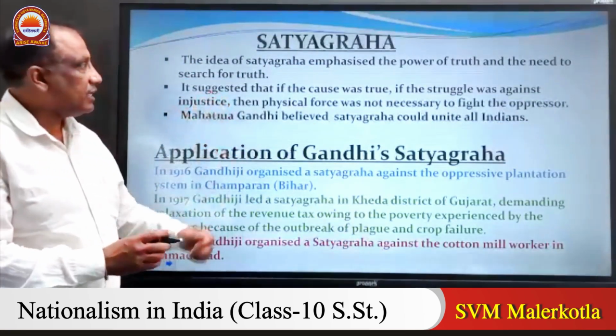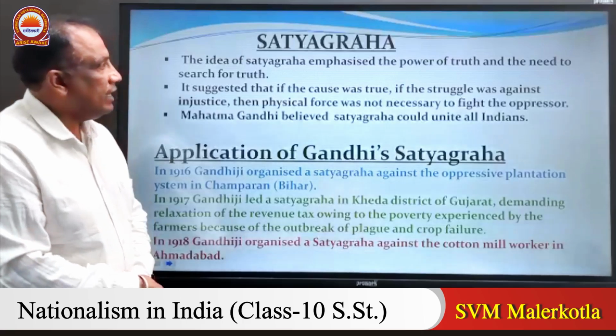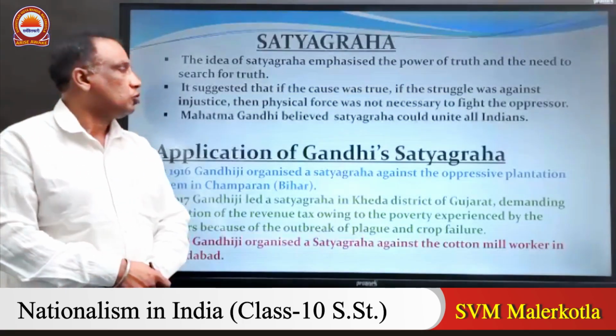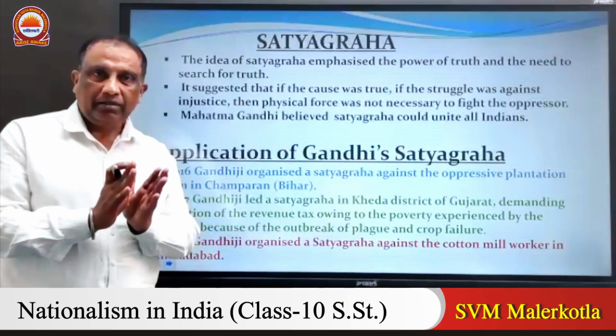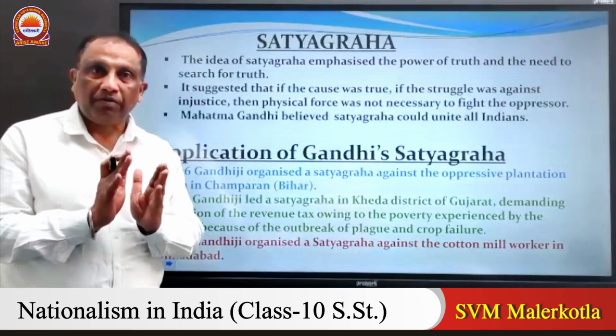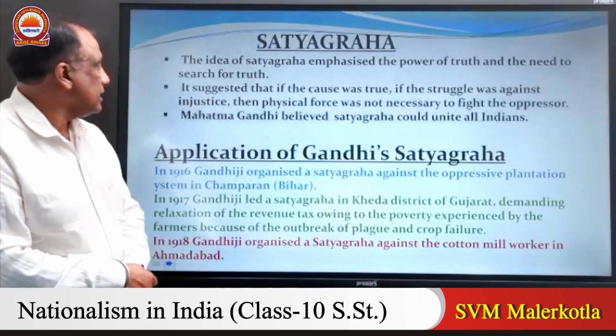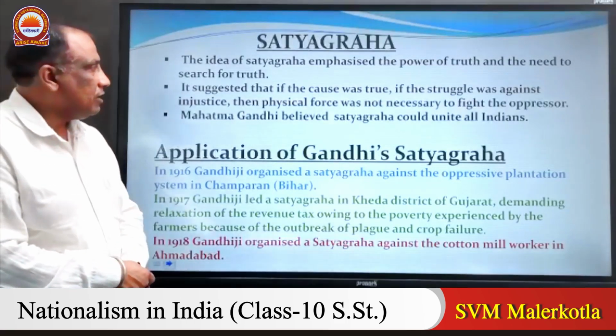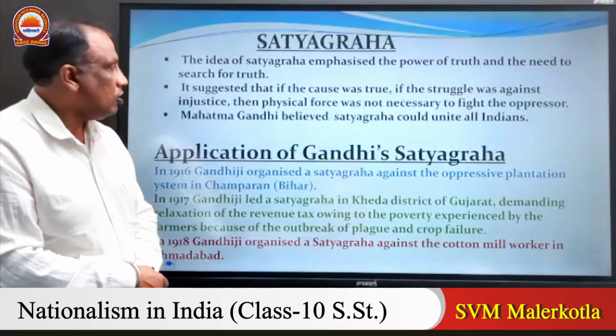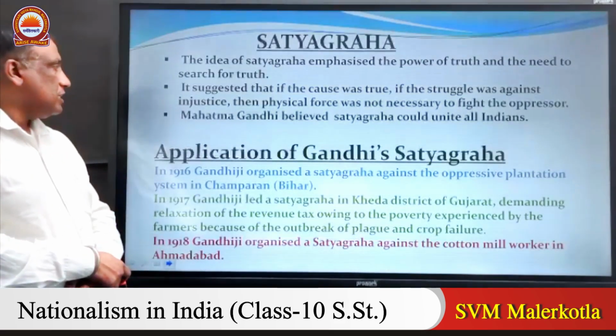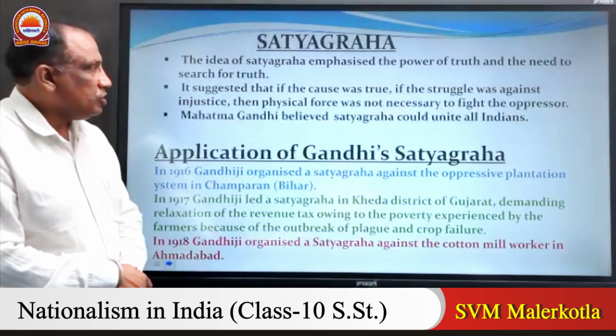The idea of Satyagraha emphasized the power of truth and the need to search for truth. Satyagraha means to fight from our inner soul, from our inner power. It suggests that if the cause was true, if the struggle was against injustice, then physical force was not necessary to fight the oppressors. Mahatma Gandhi believed Satyagraha would unite all India.